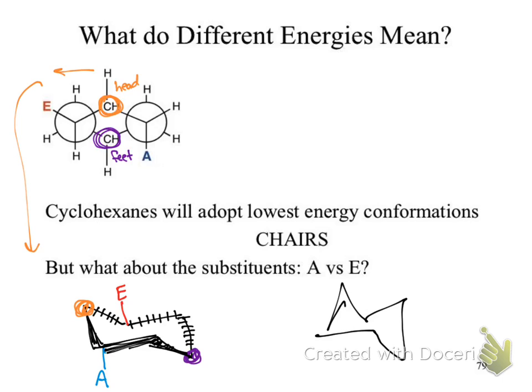We will encounter another issue in how we represent those. So in this case, you'll notice I drew the A where? Straight line, straight down on the plane of the paper. Or sort of looking like it's in the plane of the paper, but straight down from the structure. The equatorial one?